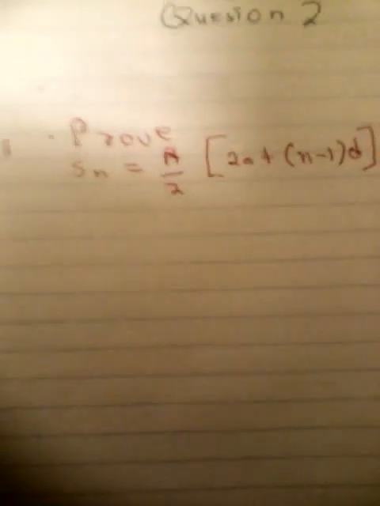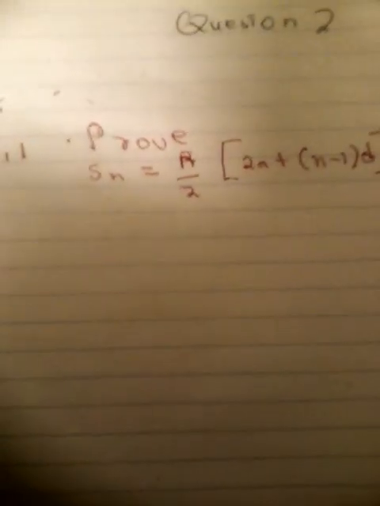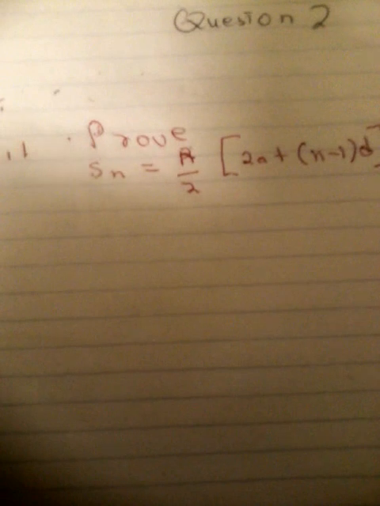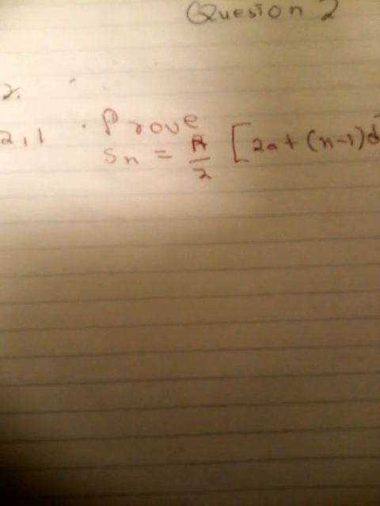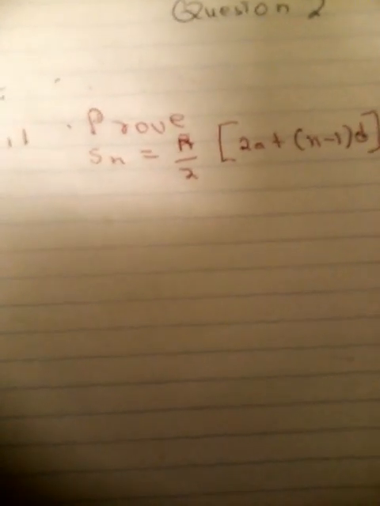So we know that this is an arithmetic sequence. This is the sum of the arithmetic sequence. To prove the sum of the arithmetic sequence, you have to add all the terms occurring in that series.